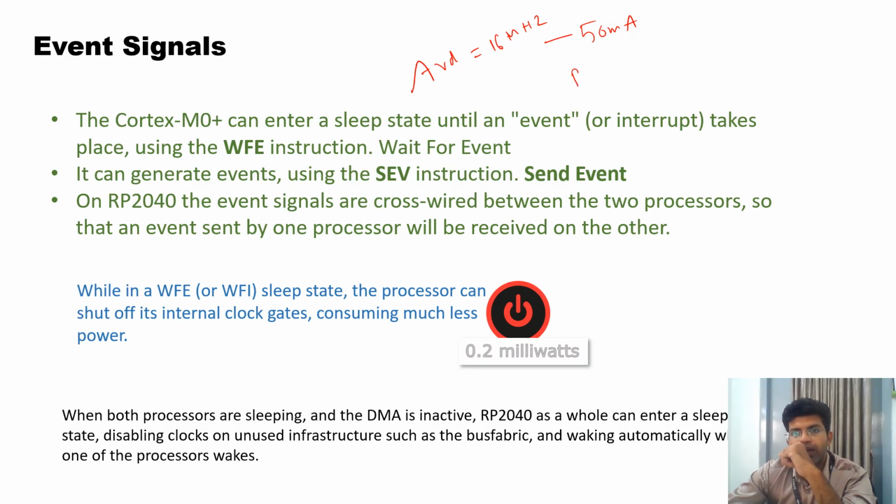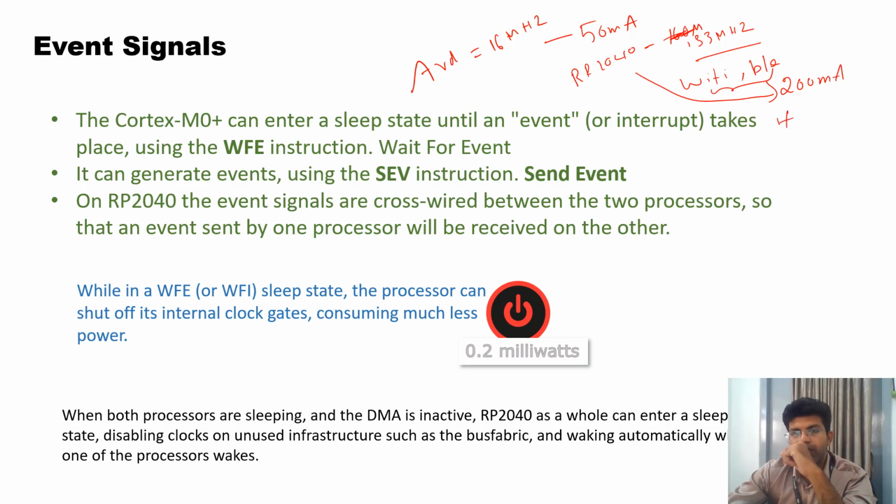We have our RP2040. The processor itself is around 133 megahertz speed. It is that fast, and it has Wi-Fi, it has Bluetooth. So when all this is turned on, the RP2040 can easily consume somewhere around 200 milliamperes.